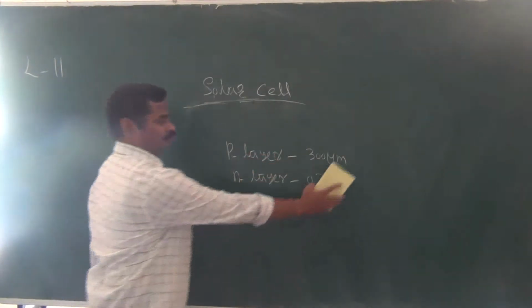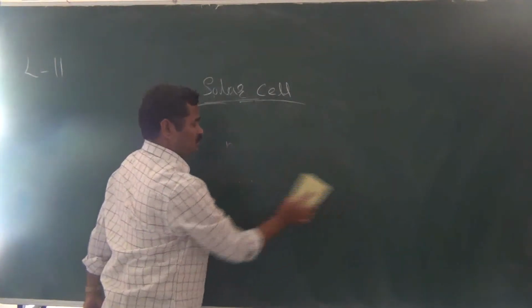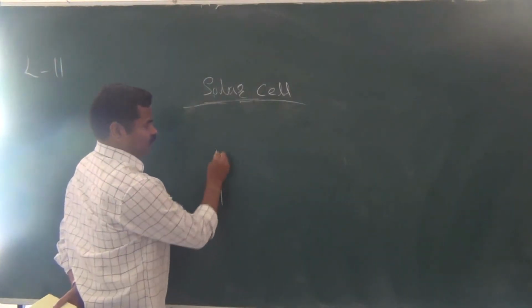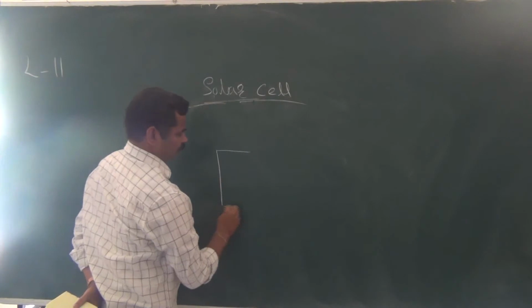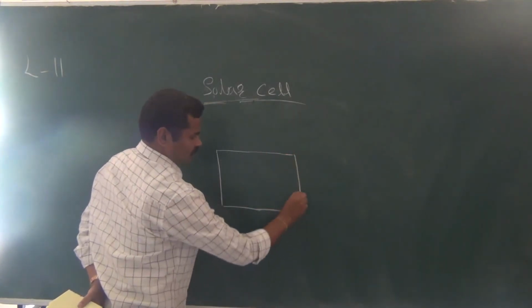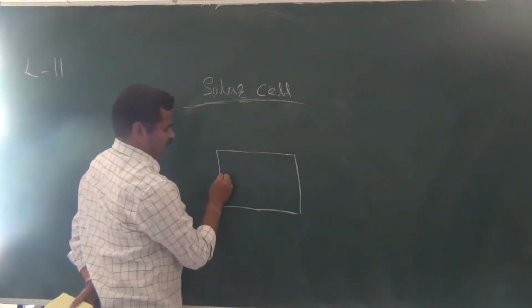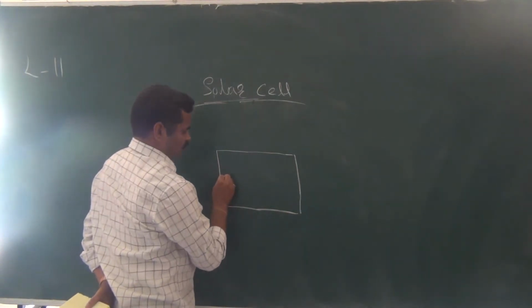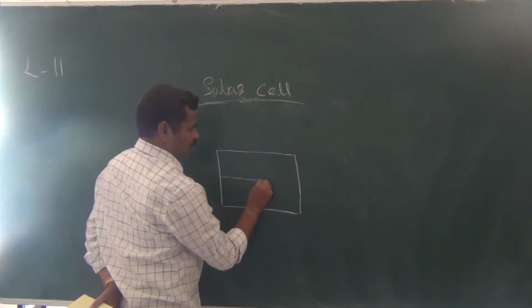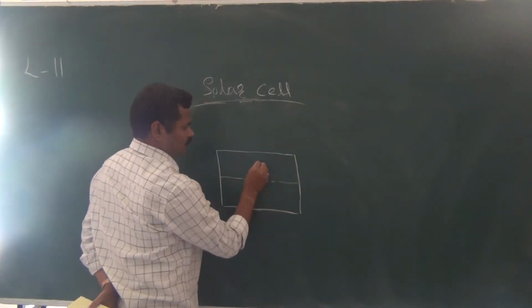Now we go to the constructional diagram. This is your P layer, and consider this an N layer.